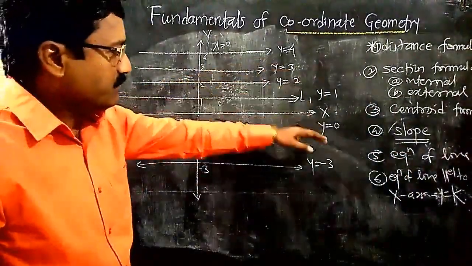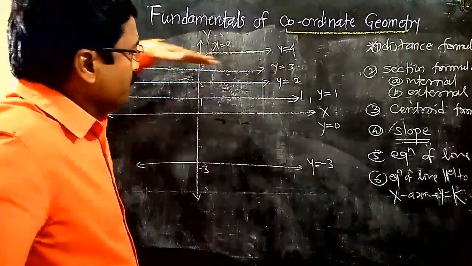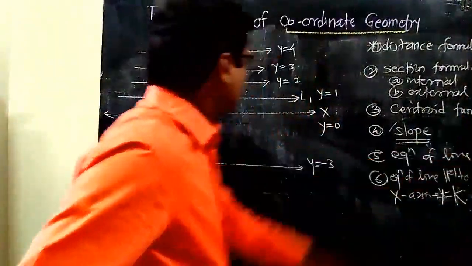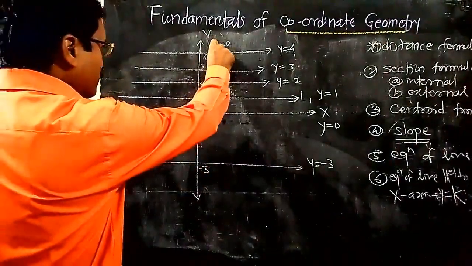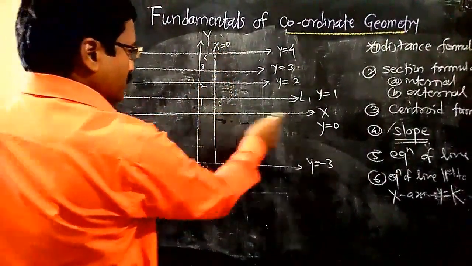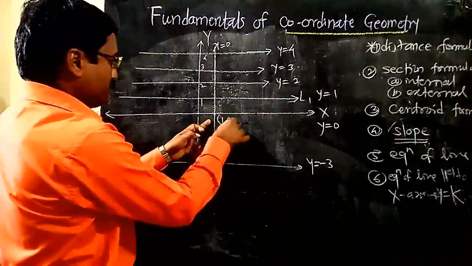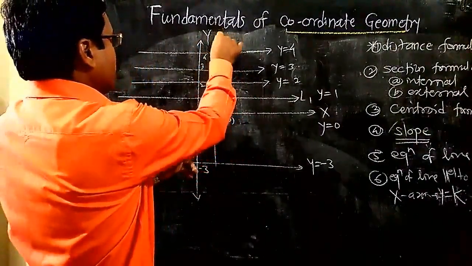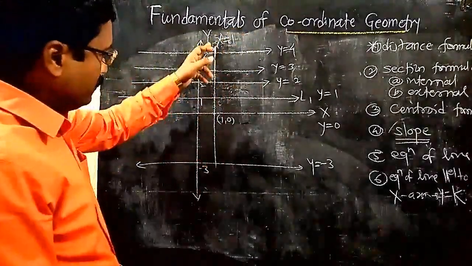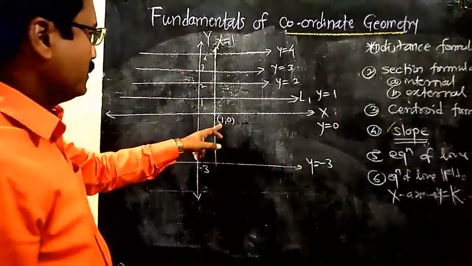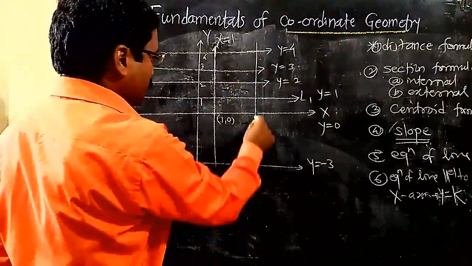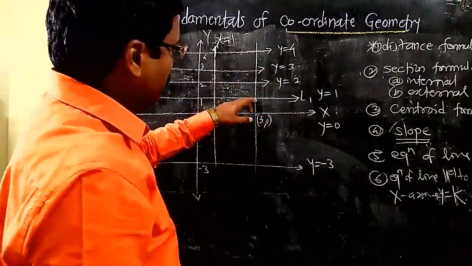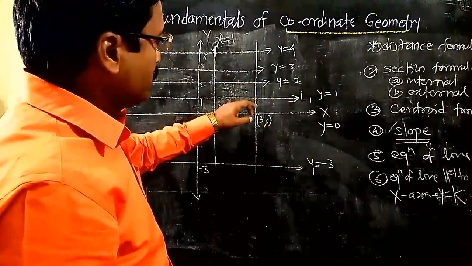It may be positive, it may be 0 or it may be negative. So if a line is parallel to the x-axis, its equation is y equal to constant, and if a line is parallel to the y-axis and it cuts the x-axis at point 1, then obviously the coordinate will be 1. So the equation of this line will be x equal to 1, because every point on this line has x coordinate 1. If the line is here, suppose it cuts the x-axis at point 3, 0, then the x coordinate of every point on this line is always 3.